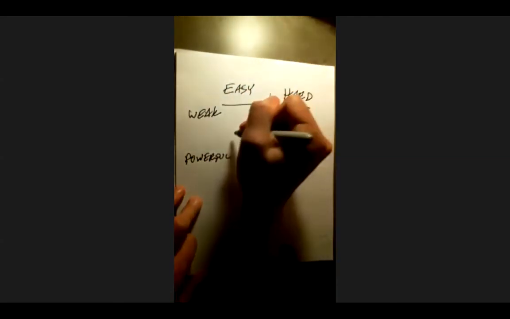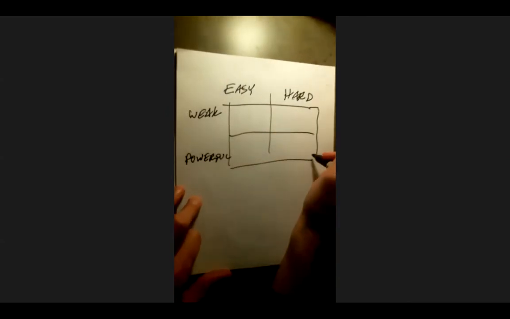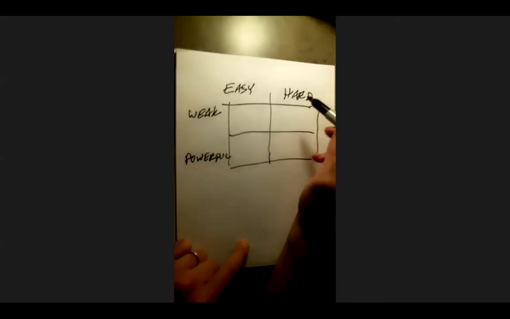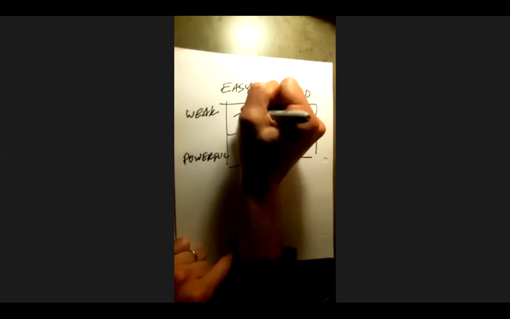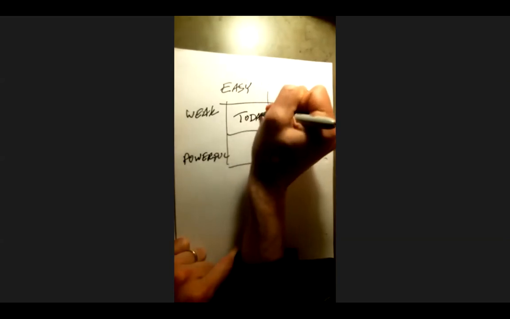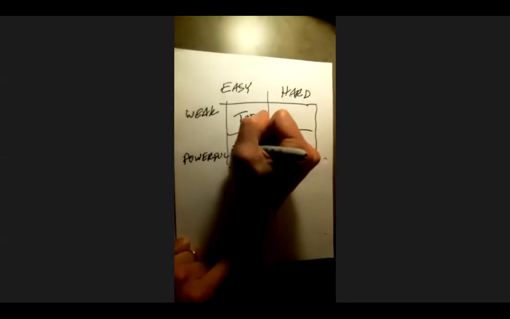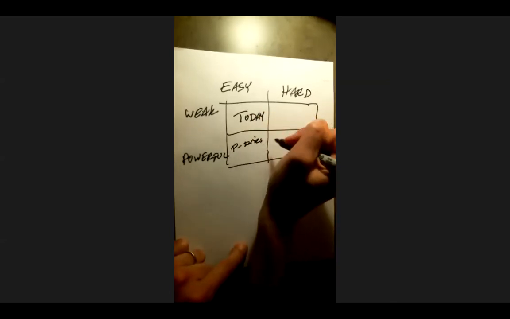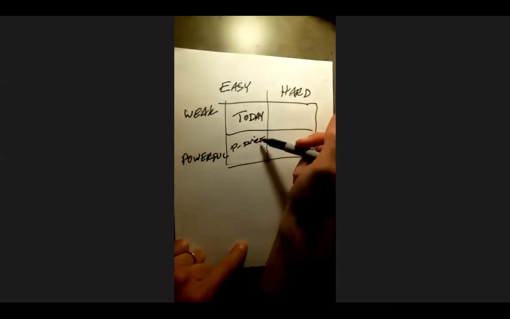And we could maybe have other boxes as well. But what we're going to do today tends to be easy and weak. So we're going to do some stuff that's easy and weak. We are going to pick up one thing, which is the p-series, and the p-series is easy and powerful. So that's going to be a direct result.